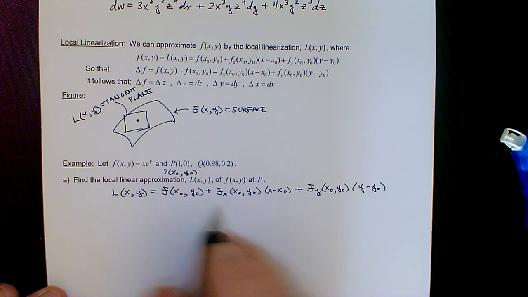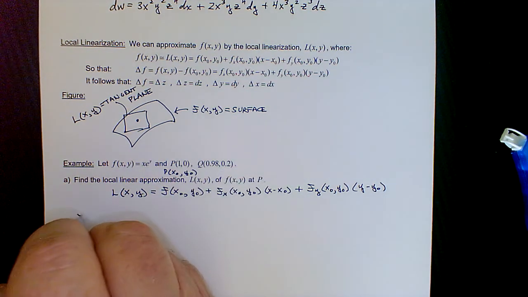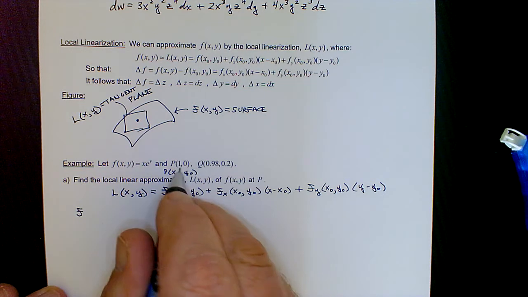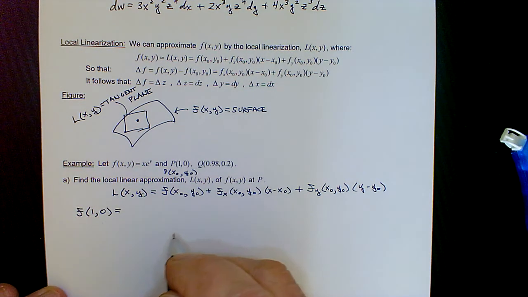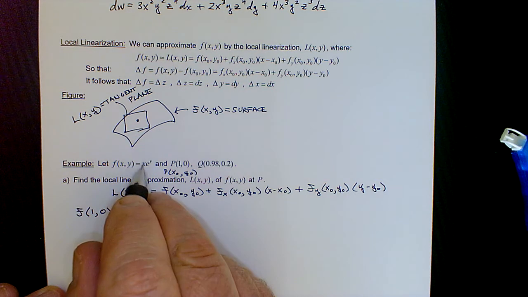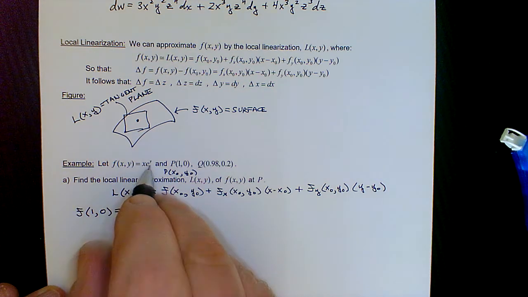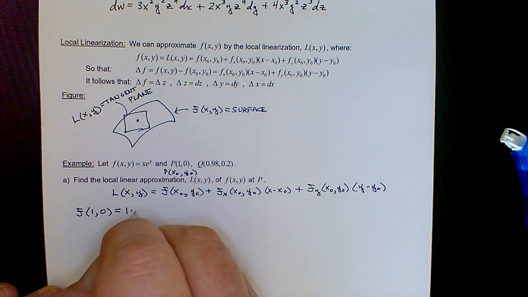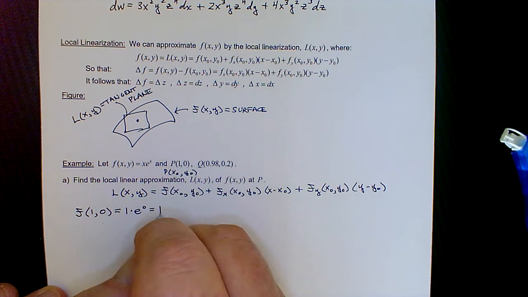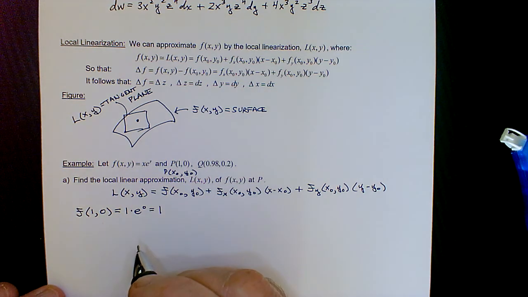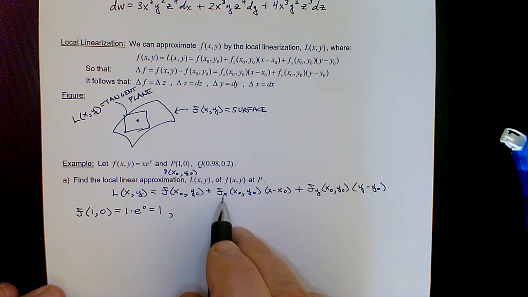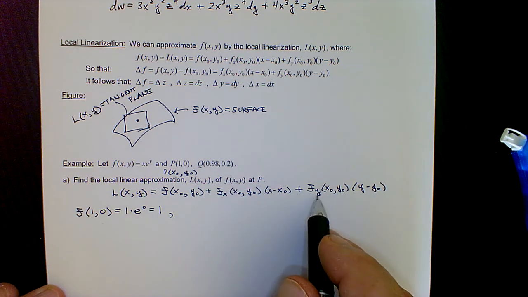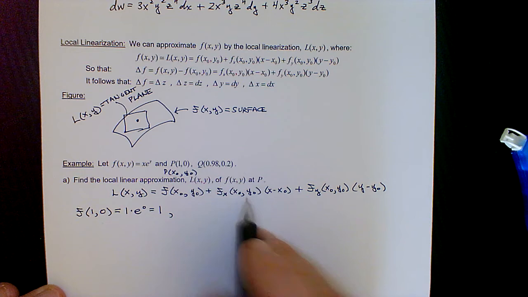So the first thing we could do is, let's say, evaluate f of 1, 0. And f of 1, 0 would be x is 1, y is 0, so 1 times e to the 0, that's 1 times 1 or 1. Then we could evaluate the two partial derivatives, f sub x and f sub y, at that given point.